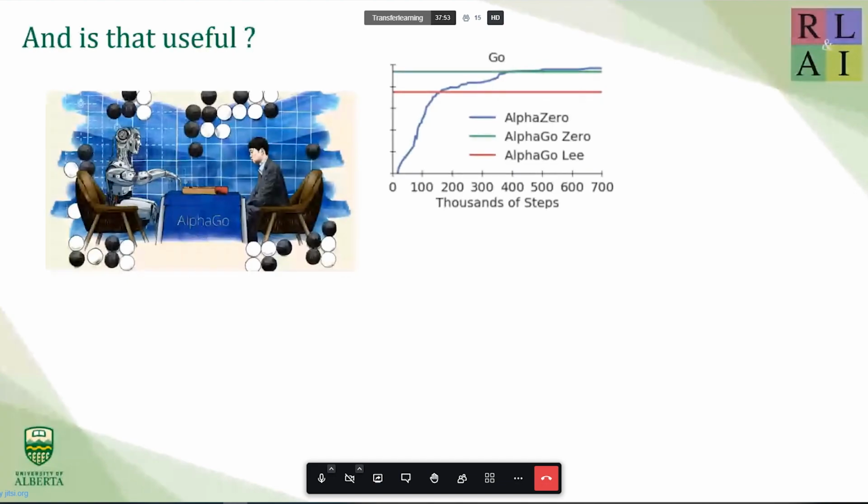The difference between this bar in green and in red is 100-0 matches. So 100 wins for reinforcement learning versus 0 wins for supervised learning and planning only.